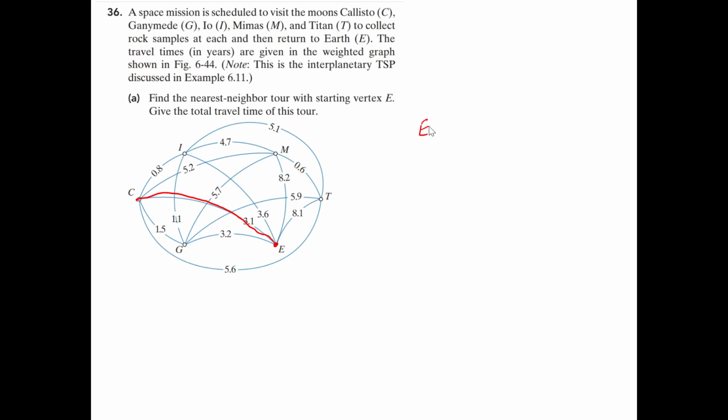So we are going to go from E to C. Now we're at C, and we can either take the 5.6, the 0.8, the 0.52, and so then that's it. So we're going to take the 0.8. So we're going to go to I.